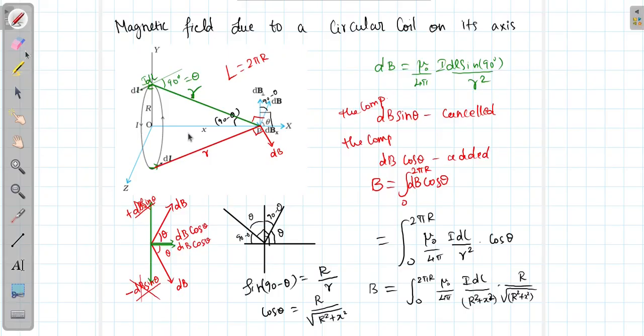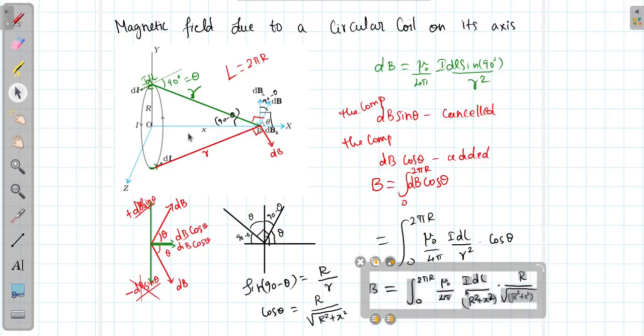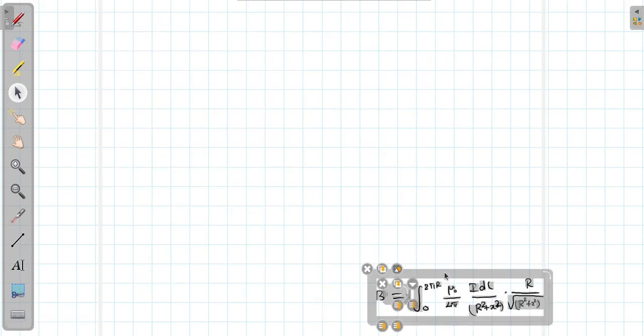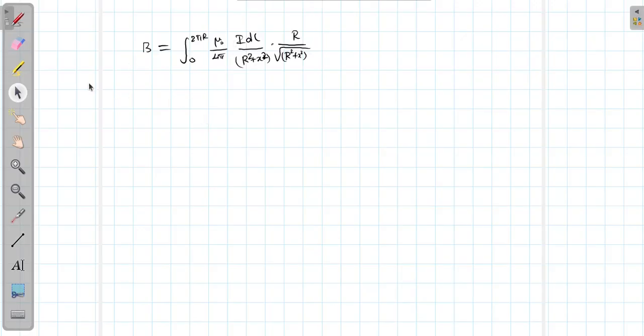Now you just integrate. The integration is very simple here because the only variable is dl. Other than dl, all the quantities are constants. Just take all the constants outside: mu naught divided by 4 pi, I r divided by r square plus x square power 3 by 2, because a into root a, you can write as a power 3 by 2.